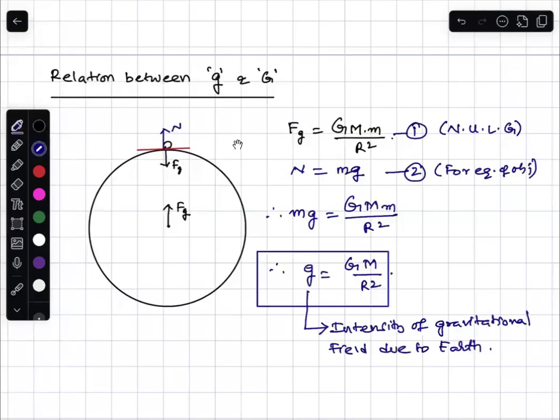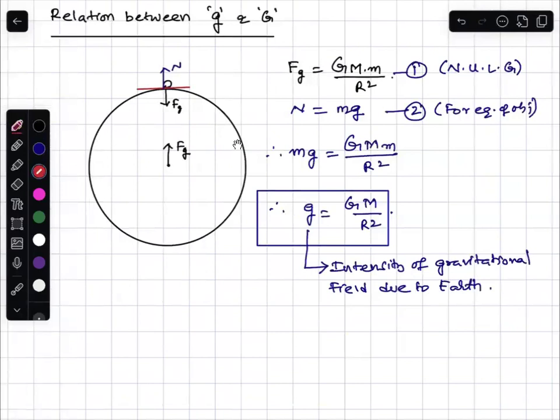And not only that, another important observation is, please see, I put small m, so this is independent of mass, shape, size, etc. of the object.